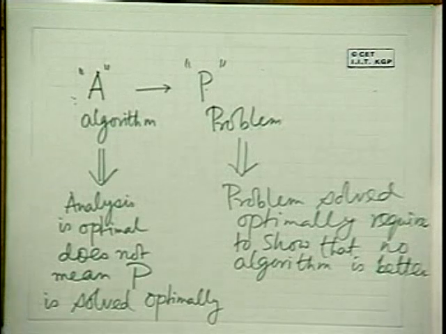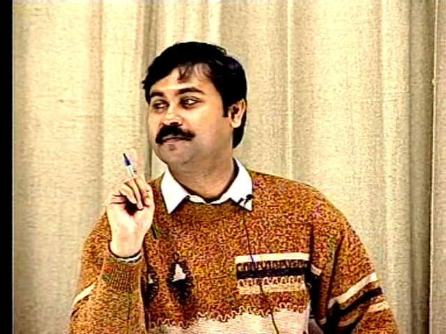So heap sort solves the problem of sorting in optimal time, but quicksort does not solve sorting in optimal time, because quicksort takes order n square time, which is more than n log n. Heap sort solves the problem in optimal time. But quick sort has the optimal analysis, n square. You cannot analyze quick sort better. And that's the distinction I am trying to make.